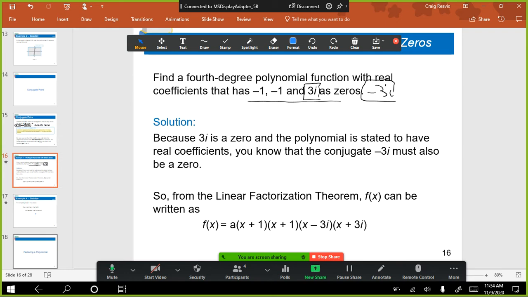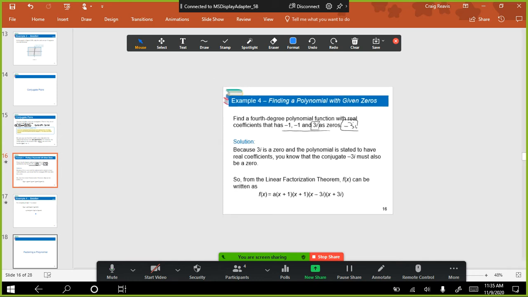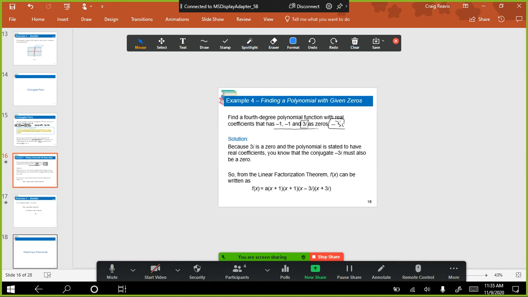So if they want us to write the polynomial function, all right, I'm going to shrink that down. Here are our zeros. x equals -1, -1, 3i, and -3i.